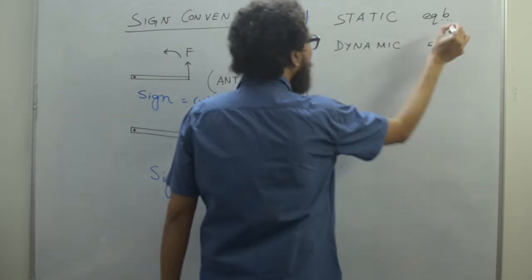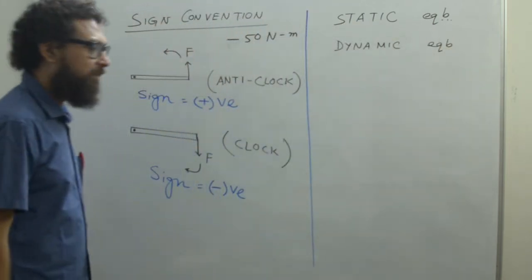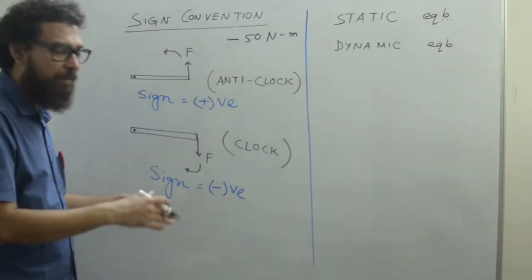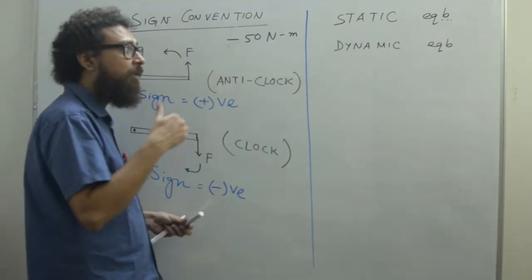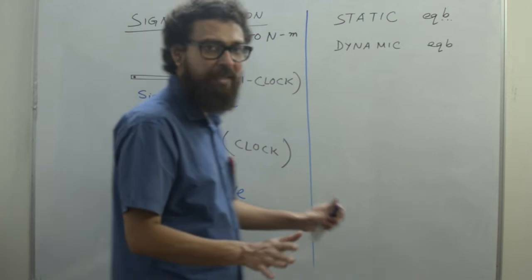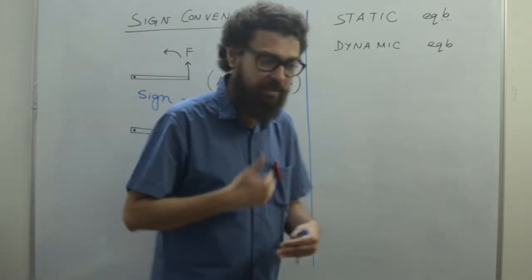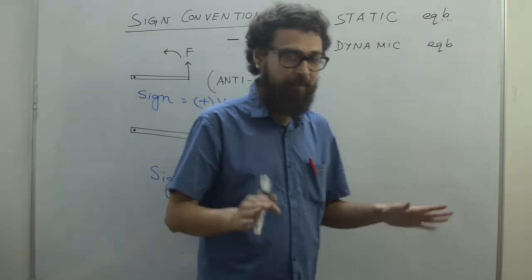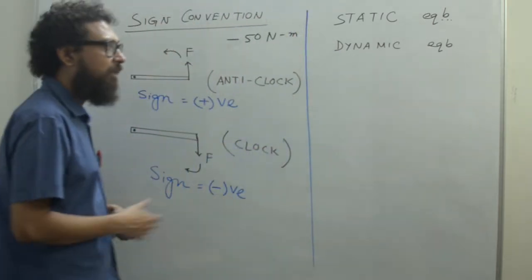So static equilibrium means, suppose a body is at rest and it remains at rest with respect to all the application of forces and other things we are applying on the body, but still it is not showing any change. It is not having any translatory motion, it is not having any rotational motion, nothing. So then we call it static equilibrium.